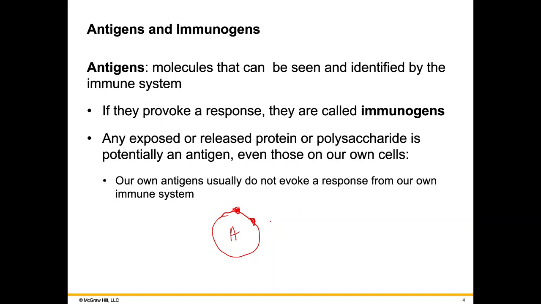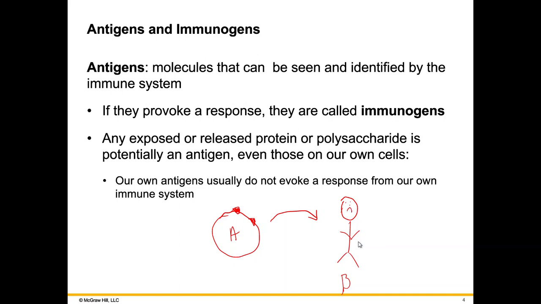However, if we were to transfer blood from a donor that is type A into a host that is type B, that would not be good because this person, the type B person, would then recognize those antigens as foreign, and they would be considered immunogens in that case.